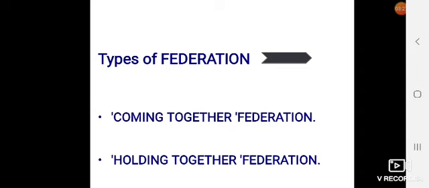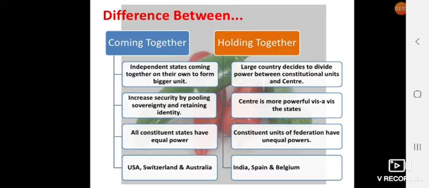And when a large country like India decides to divide its power between the different states, that is called holding together federation.